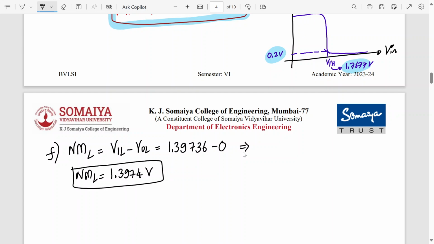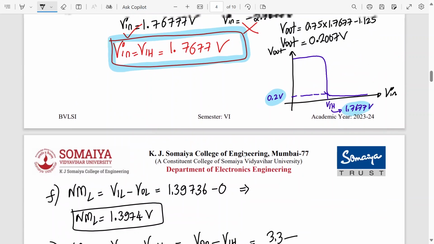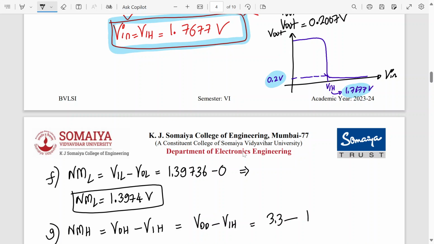Okay, and noise margin high is VOH minus VIH, that is VDD minus VIH. 3.3 minus how much is VIH? 1.76777, right?